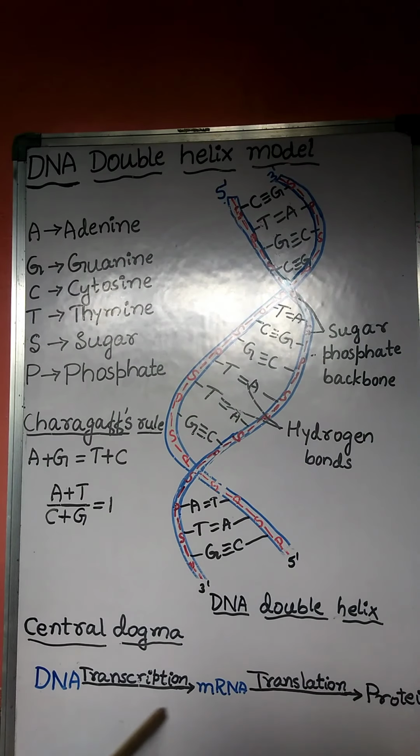There is a unidirectional flow of genetic information from DNA to mRNA and then from mRNA to protein.